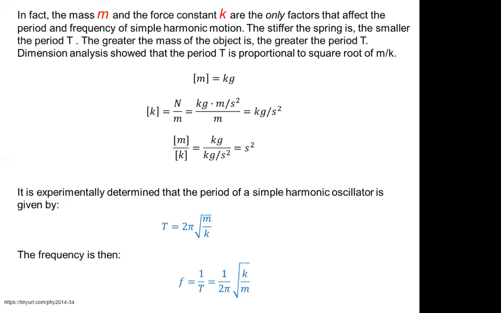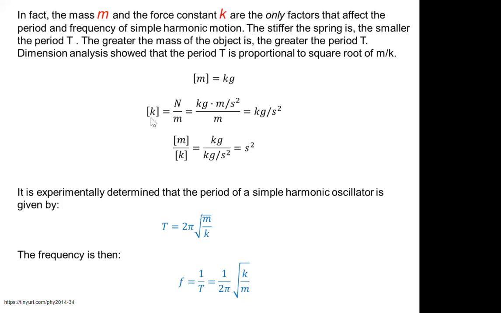So then the relevant quantities here will be the mass and the spring constant K, okay? And then you might be thinking about amplitude or gravity here because we are on the surface of the Earth, okay? But let's take a look at the dimensions for the mass and the spring force constant first. So for the mass, it has a unit of kilogram.